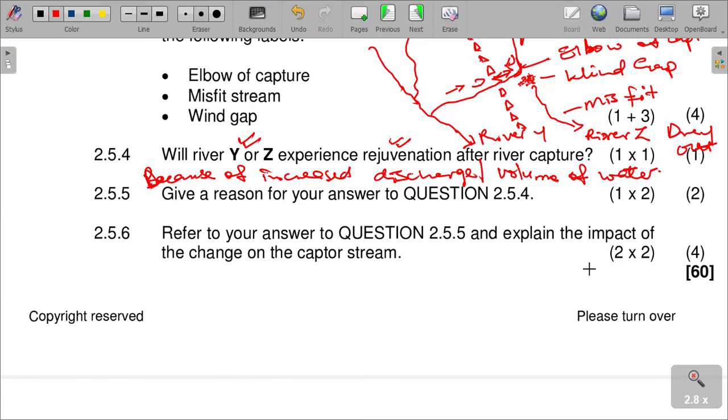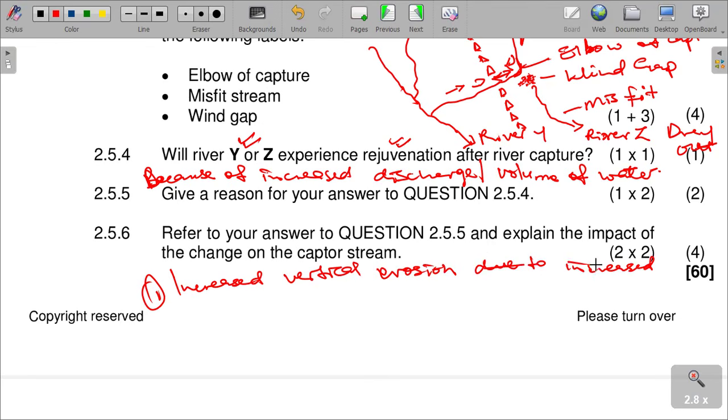So I'm going to just quickly list these points. Increased vertical erosion due to what? Increased volume of water in Y. In a capture stream, it has got to undergo increased vertical erosion. There will be increased vertical erosion due to increased volume of water, due to increased discharge. And then number two, what else are we saying?